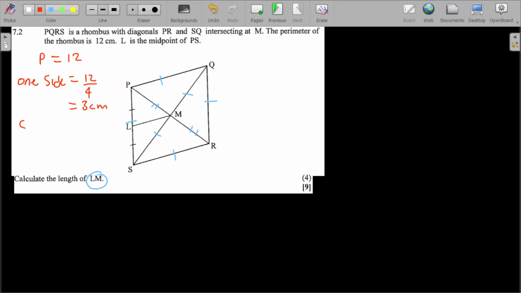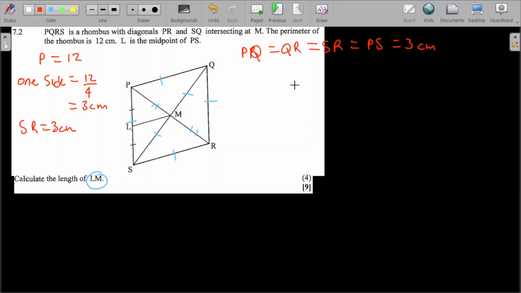So my SR is going to be 3 centimeters, but all of them, also PQ, also QR, and also PS, are equal to 3 centimeters. You can also include that. That is very important, that PQ is equal to QR is equal to SR is equal to PS. All of them equal 3 centimeters.